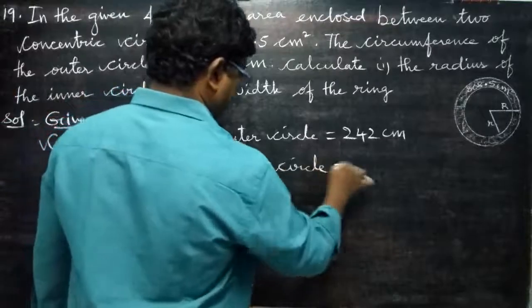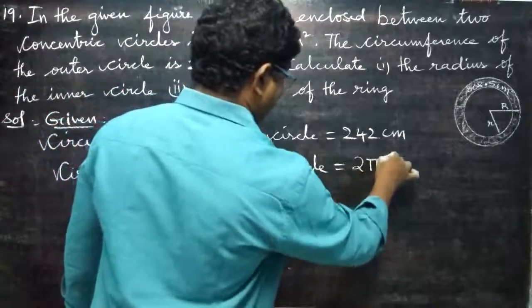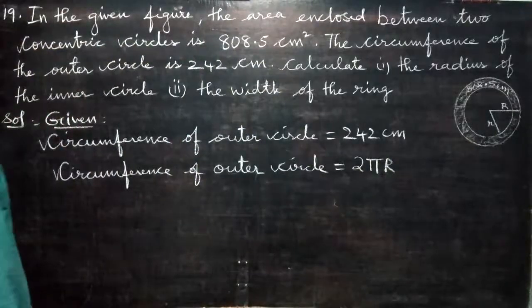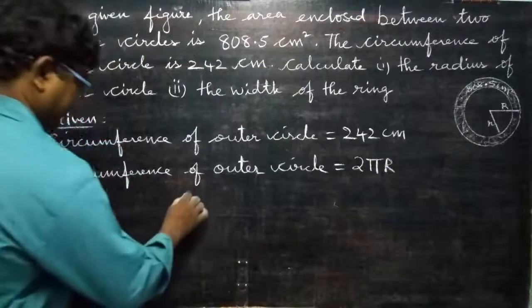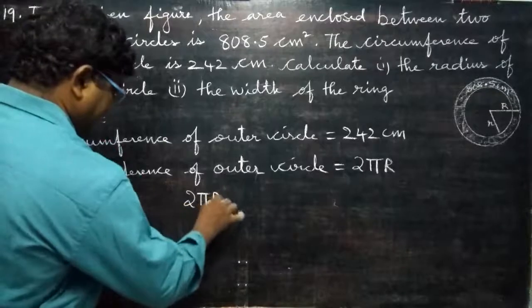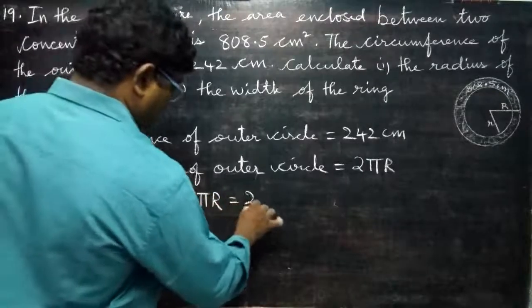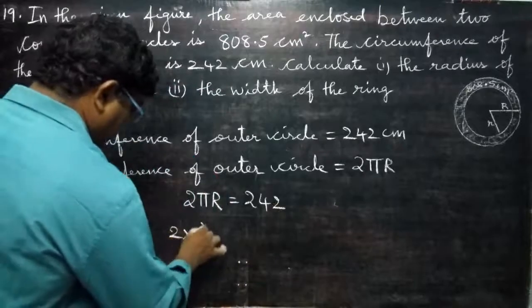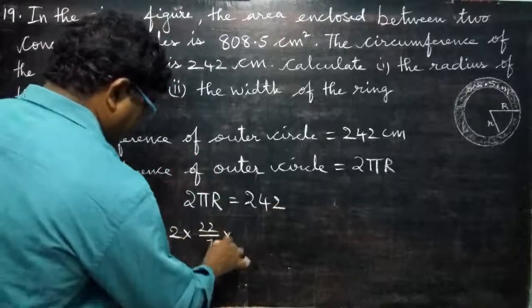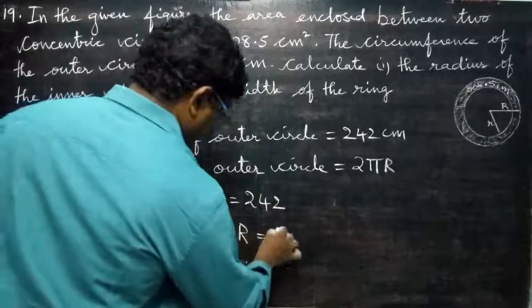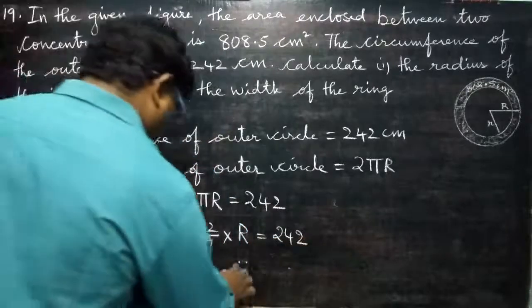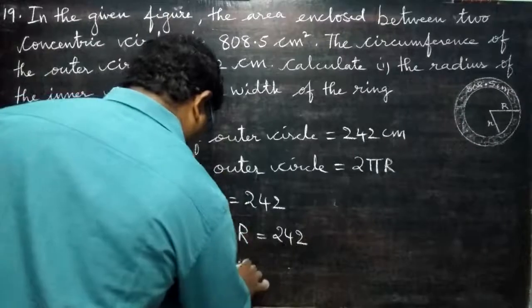Is equal to 2 pi capital R, because outer radius will be large. So 2 pi R is equal to 242. 2 into 22 by 7 into capital R is equal to 242.